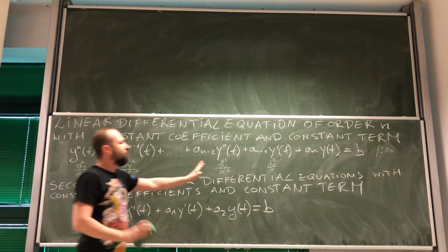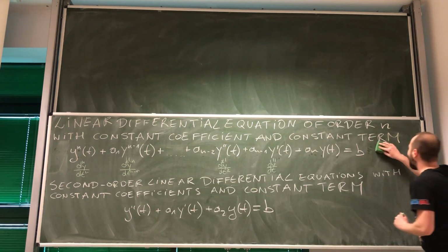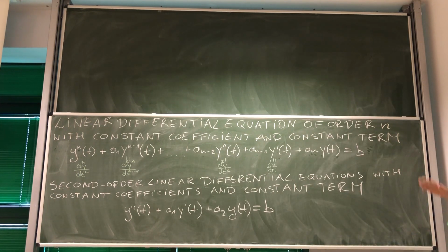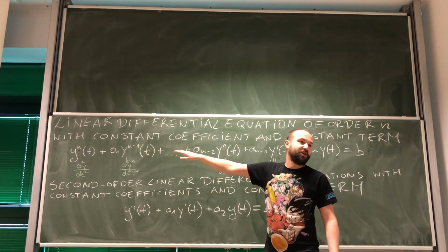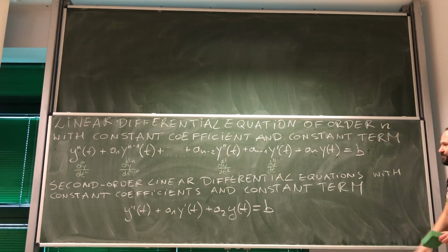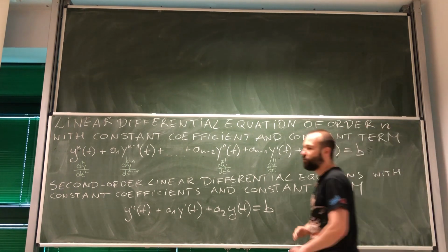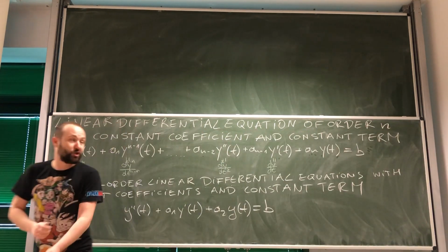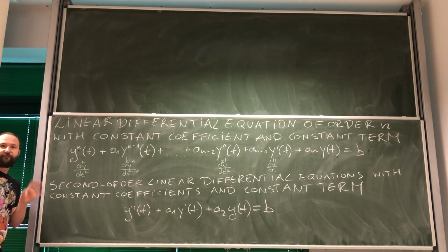This is why we prefer this way, because we know that any differential equation like that can be easily brought to this form. And this is the type of equation we are gonna solve in the first part of this class.